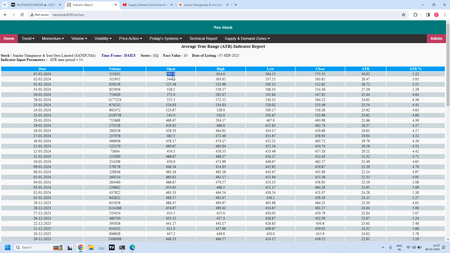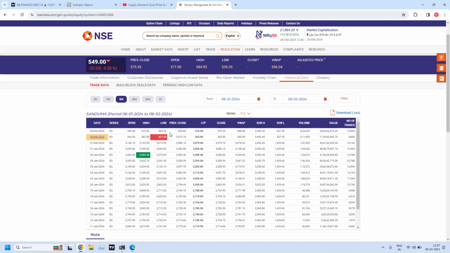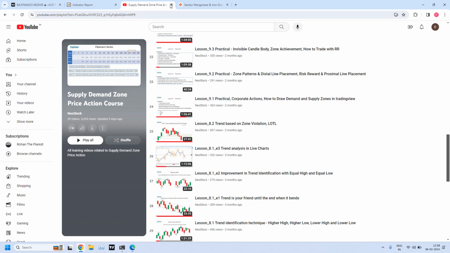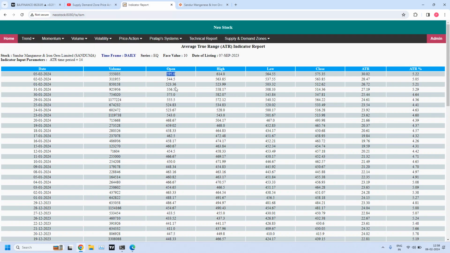Here it is showing 595 rupees, 595. Now check NSE data. On 5th, open price 595, same. Check the high value, 614. See, high value here also 614.